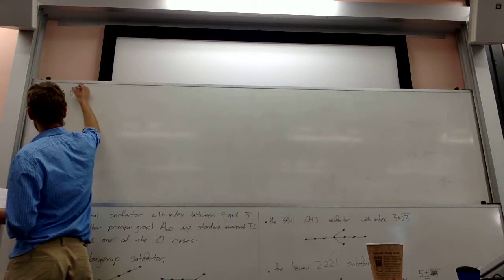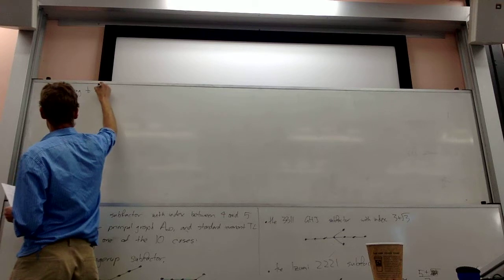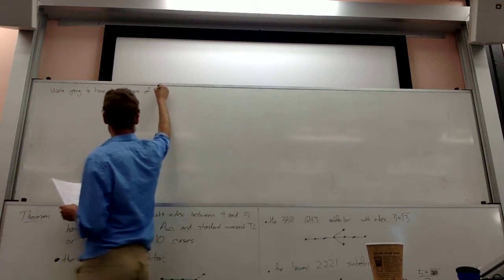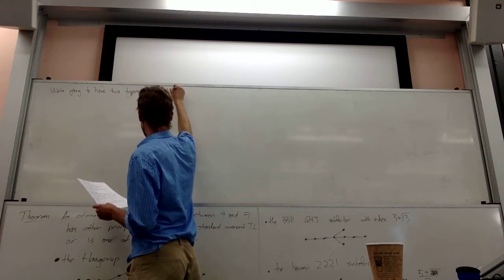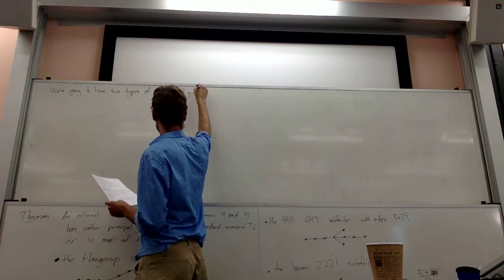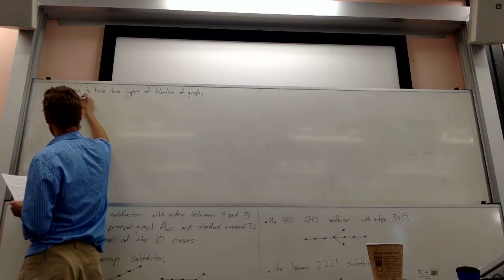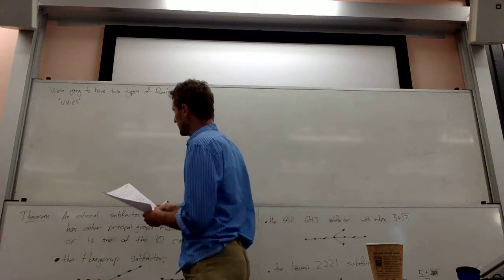We're going to have two types of families of graphs. One type of family is going to be called a vine. The other one is going to be called a weed.